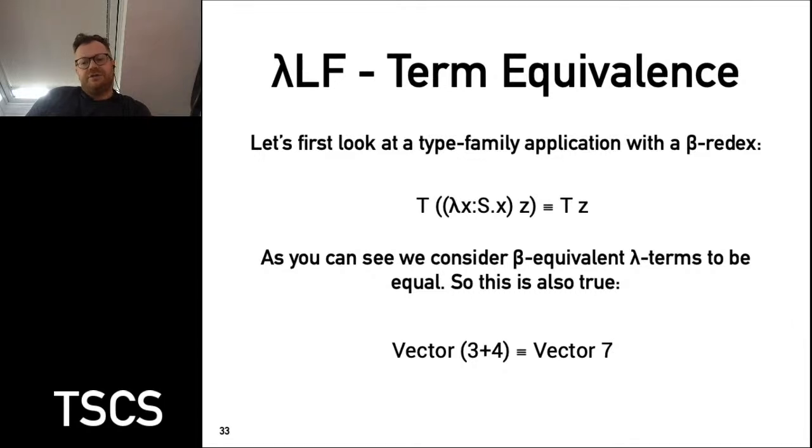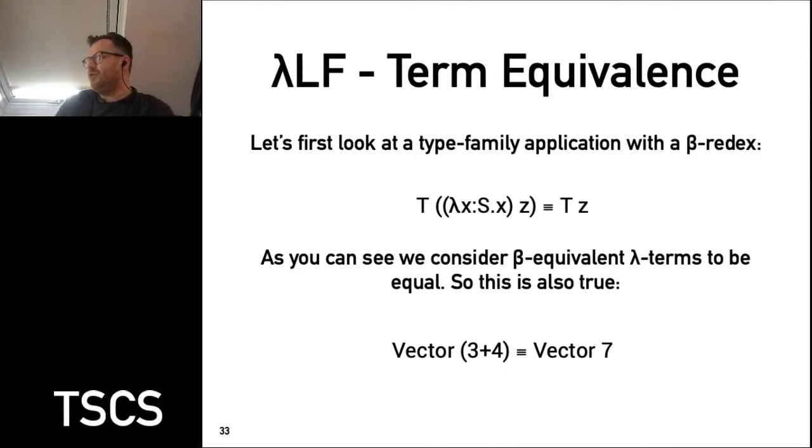But let's consider something that is not a beta redex, but beta equivalent lambda terms. And they should be equal. So this should also be true. So vector of 3 plus 4 should be a vector of 7.